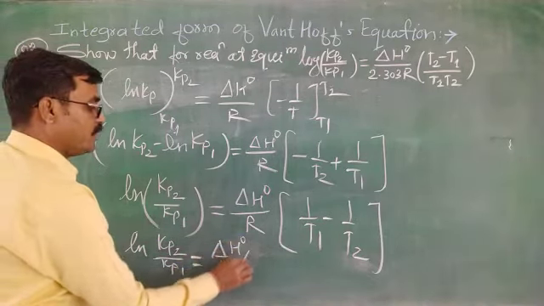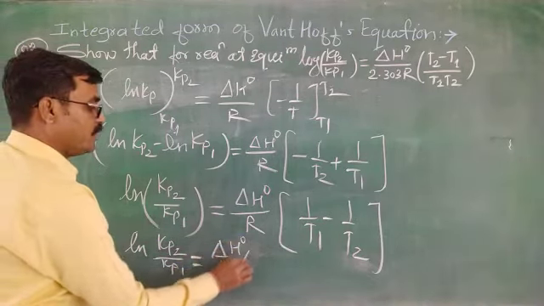Now further solving this equation: natural log is converted into log to the base 10 if multiplied by 2.303. The remaining terms remain the same. Only this ln is converted into log to the base 10 if multiplied by 2.303. Then on the right-hand side, delta H0 upon R remains as it is, times T2 minus T1 upon T1 into T2, and this is nothing but Van't Hoff's equation in integrated form.